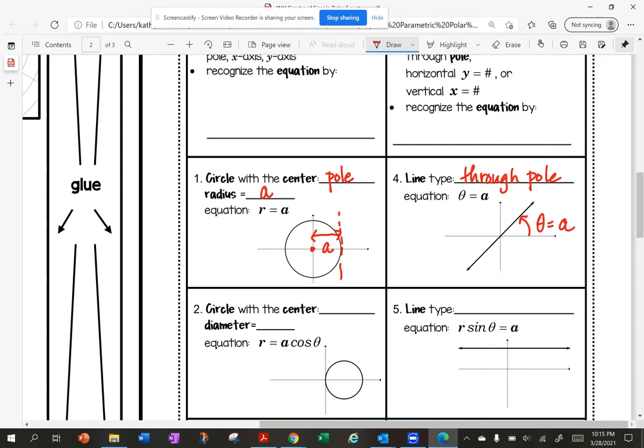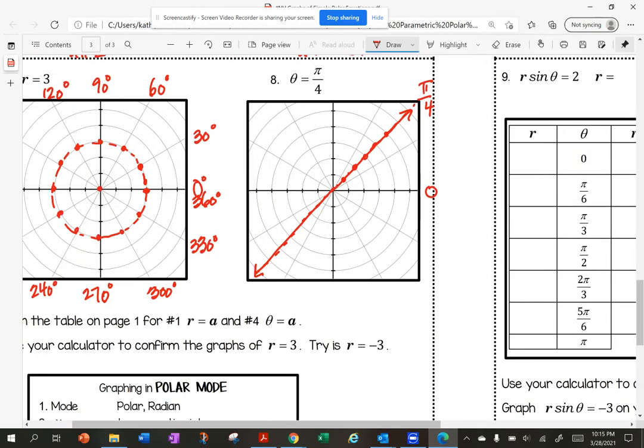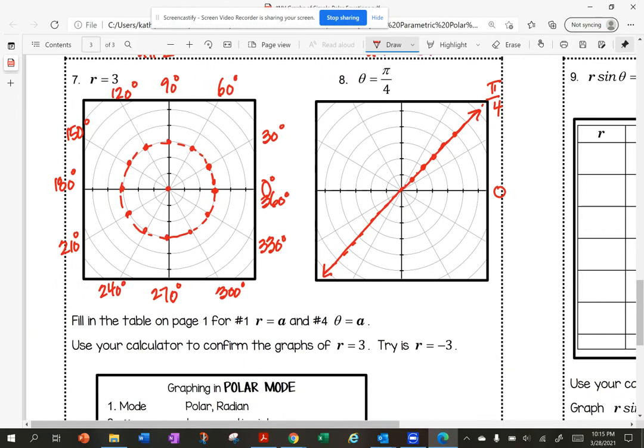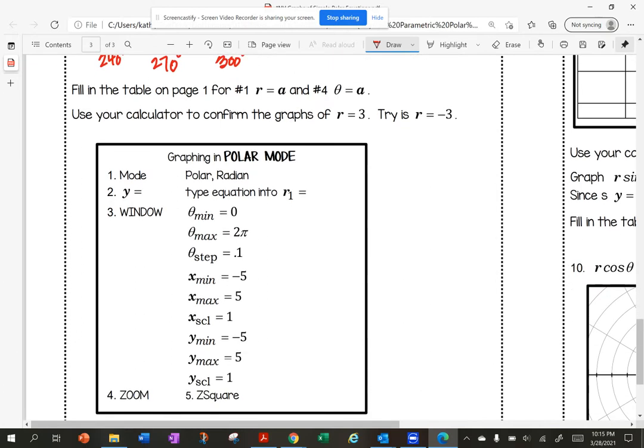All right, let's keep on with our investigation. So I want to confirm these using a calculator. So you want to go to your calculator and see what a radius of 3 and a radius of -3 look like. So to do this, we're going to go into mode, and this time we're going to be in polar mode. We're going to type in our equation.